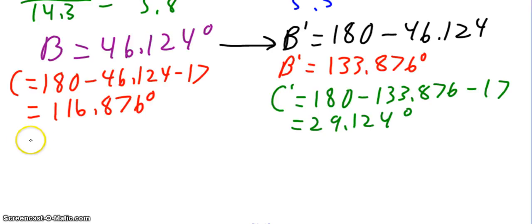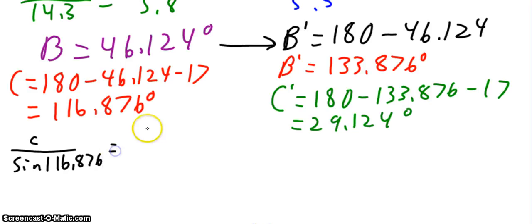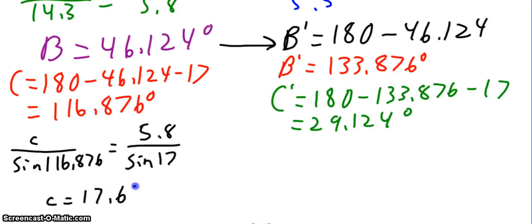So I can do little c over sine of 116.876 equals, using the givens, 5.8 over the sine of 17. Doing algebra and using my calculator, little c equals 17.695. I'm sorry, that's not degrees because this was a side. Just 17.695.